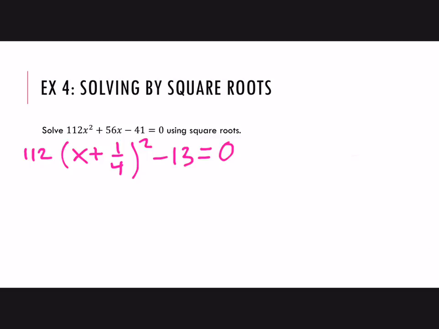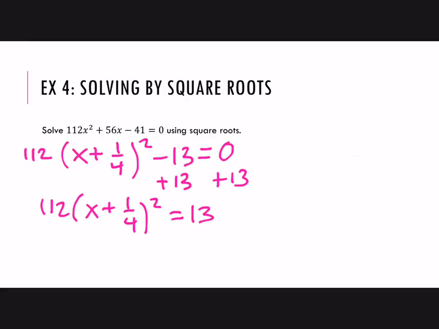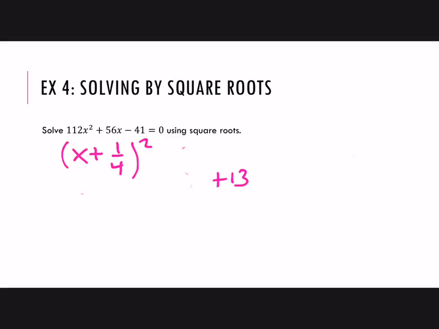So first get the part that's squared by itself, so add 13 to both sides. X plus 1/4 squared equals 13, and then divide by 1/12. Alright, so we end up with the squared part equals 13 over 1/12.